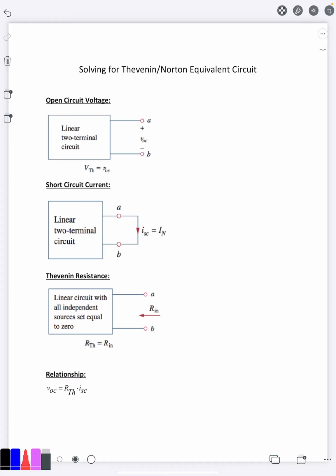You left the circuit open between the terminals A and B, and it turns out that the open circuit voltage is going to be the same as the V Thevenin in Thevenin's theorem.